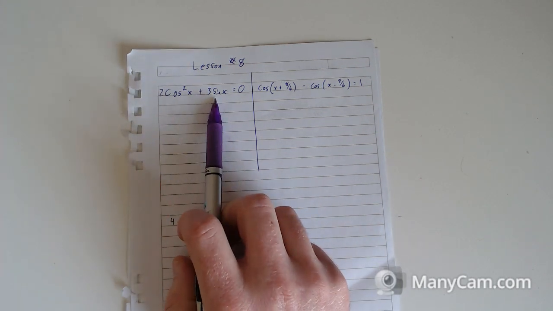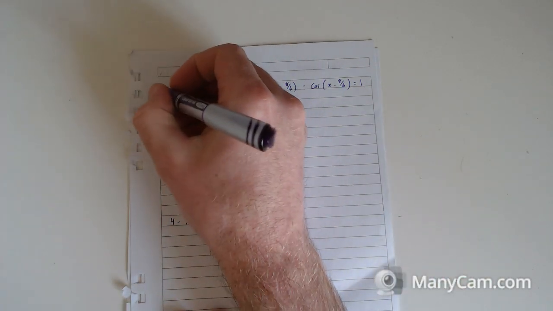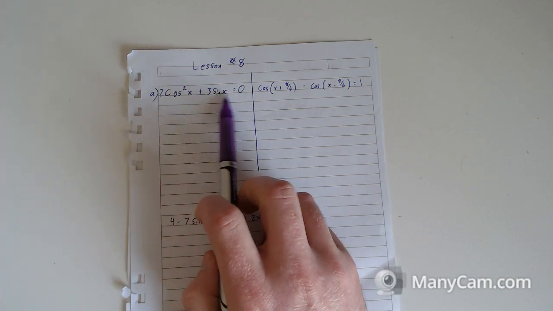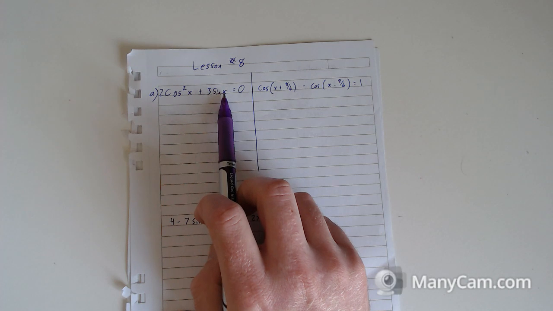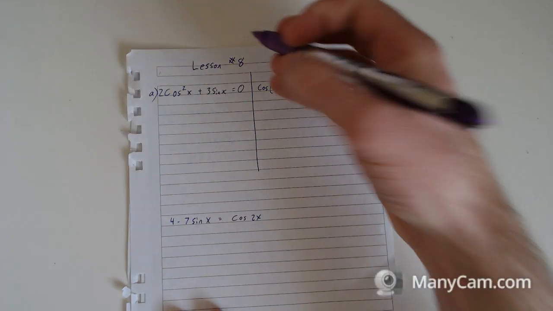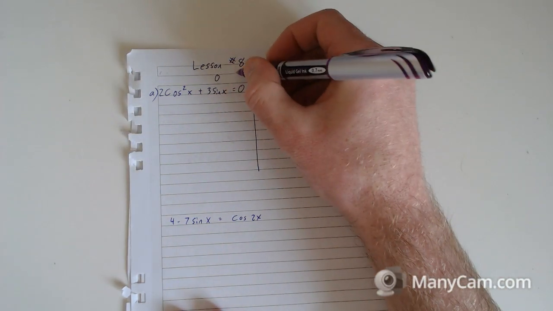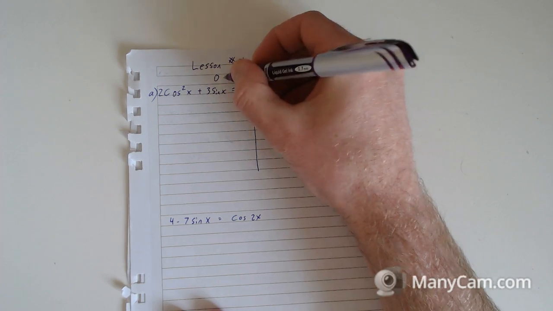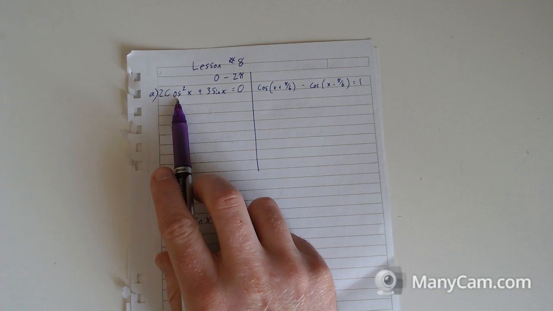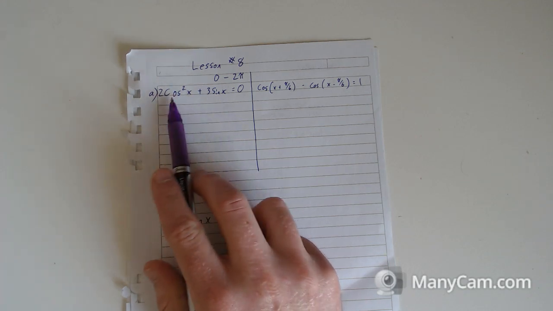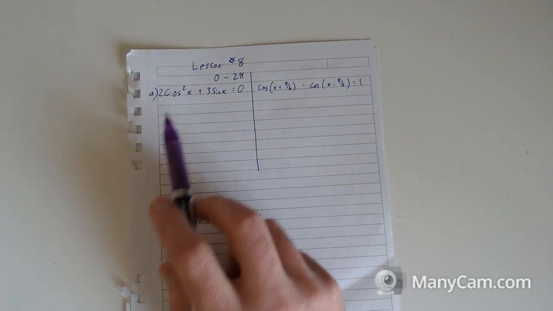In this left one, this is A. We need to turn it all into something that we can solve. So we're trying to find an x value that makes this true. It gives us the period from 0 to 2 pi. Now we can't do it with a cos and a sine, so we need to turn it all into the same type of trig function.